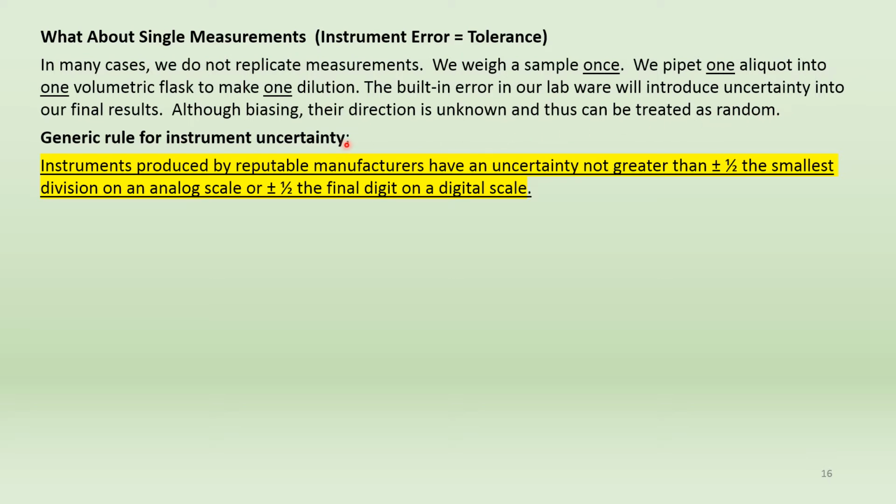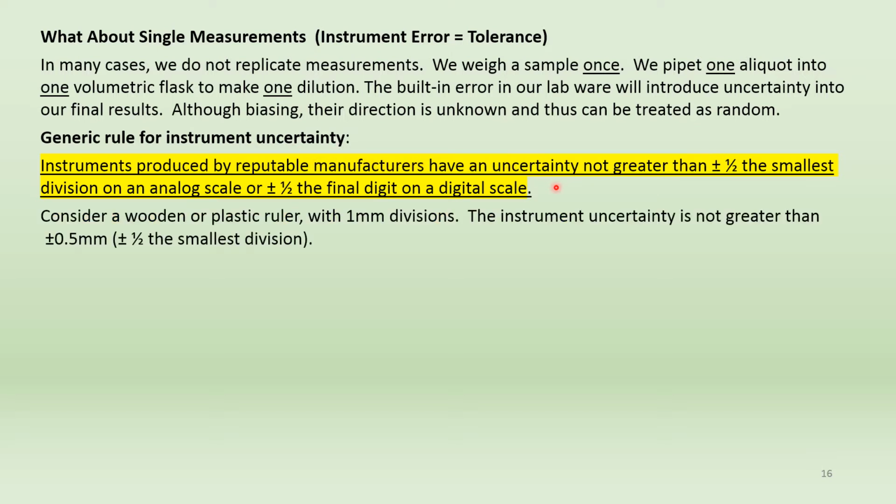So here's a general rule for uncertainty. Instruments provided by reputable manufacturers have an uncertainty not greater than plus or minus 1/2 the smallest division on an analog scale, or plus or minus 1/2 of the final digit on a digital scale. So let's consider some examples. Say the common wooden or plastic ruler with 1 millimeter divisions.